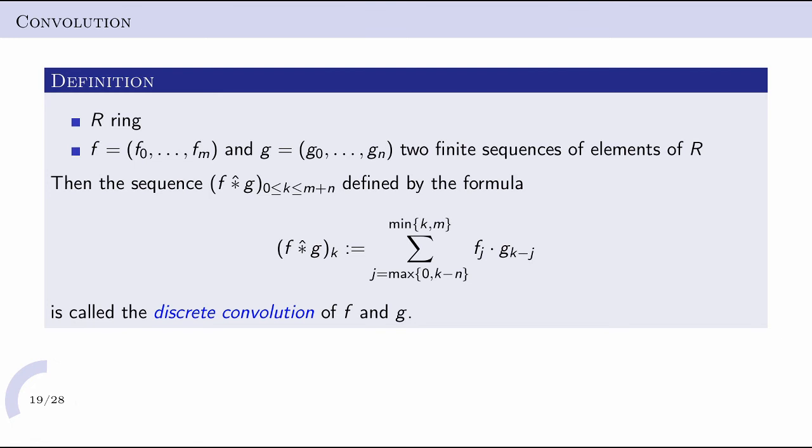So the sum is restricted to this short finite set, and in place of f of xi and g of x minus xi, instead of functions, we have the elements of the sequence. So we have f_j and g_{k minus j}.